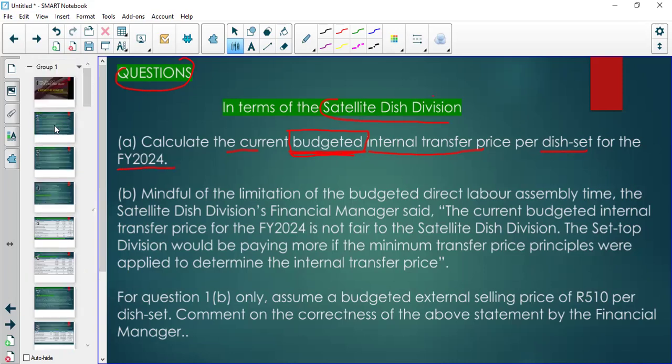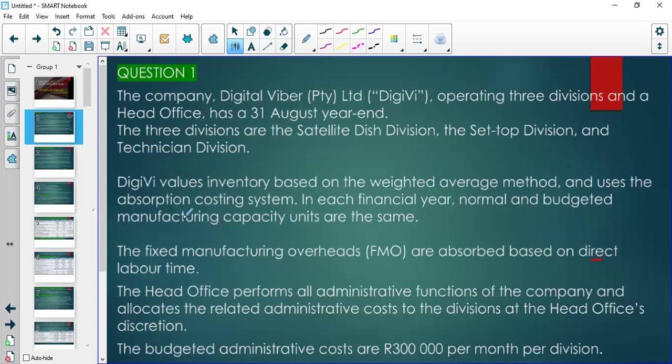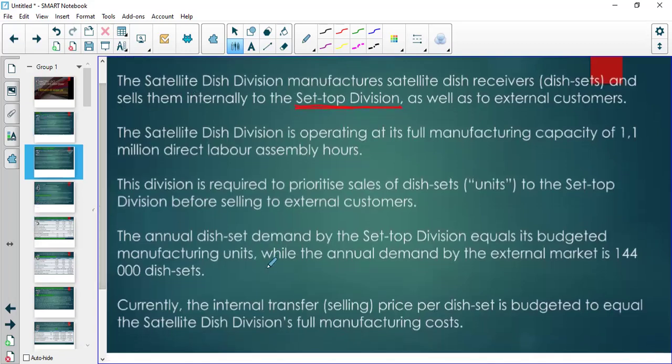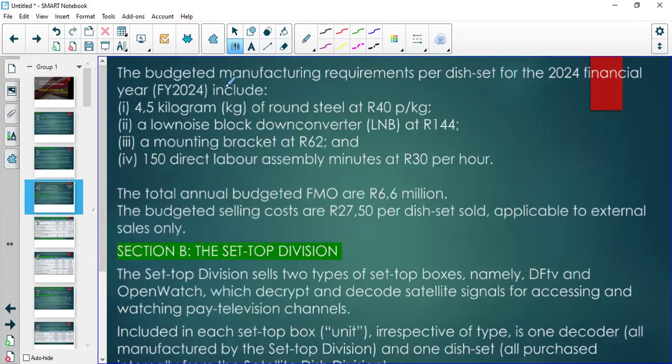We are told that the satellite division sells to the set top division, right? So we are given that information. So we need to know at what price do they sell that. So if you remember, they sell them.